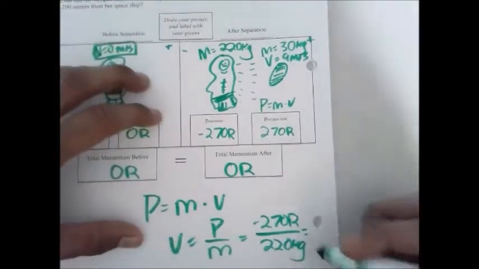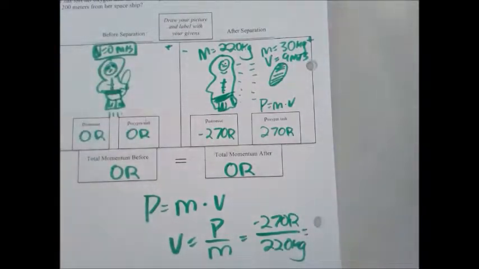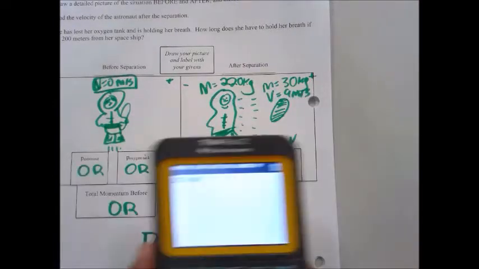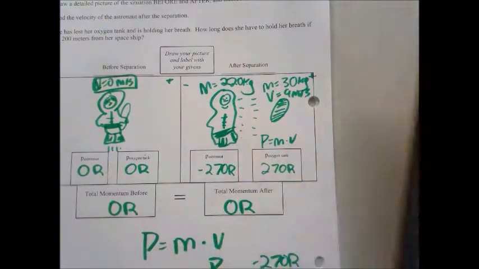And you end up with a velocity of, go grab a calculator. 270 divided by 220 is going to be 1.22.